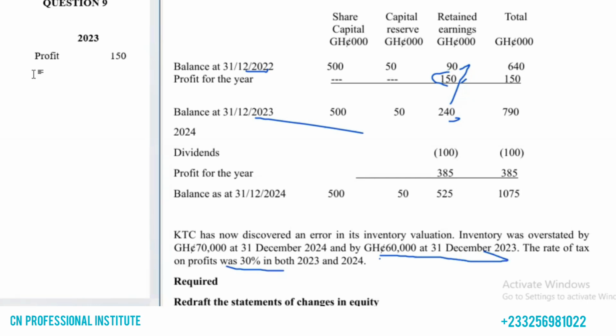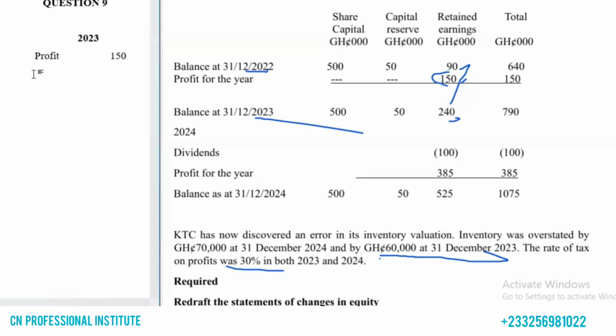Because when we overestimate our closing inventory, we are deducting a bigger figure, and then cost of sales will reduce, and profit increases.